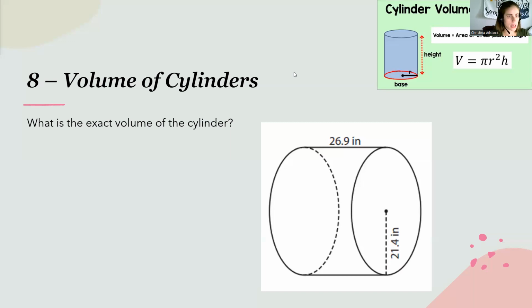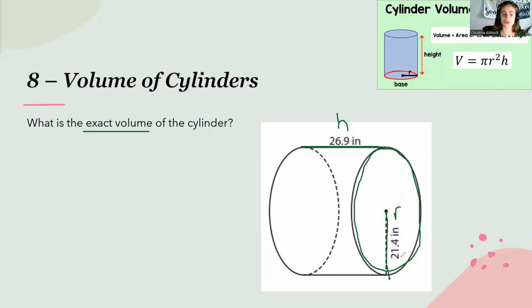When I look at my question here, we want to know the exact volume of a cylinder. So that's important to note. And I can see here that it has a height, even though it's sideways, that's the height, that's how tall it is, of 26.9 inches. And then right here in the base, so the circle part of our cylinder, our radius is notated for us.